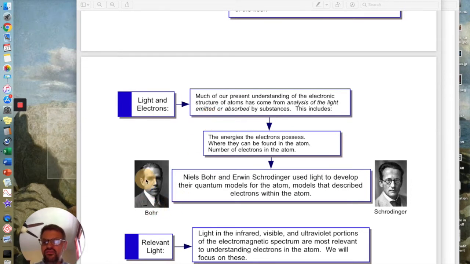These guys, Bohr and Schrödinger, came up with the model of the atom that we've done in class, where you have the nucleus in the middle surrounded by rings of electrons. We know that because of the light that atoms give off when they get energized. So light tells us about electrons in the atom.